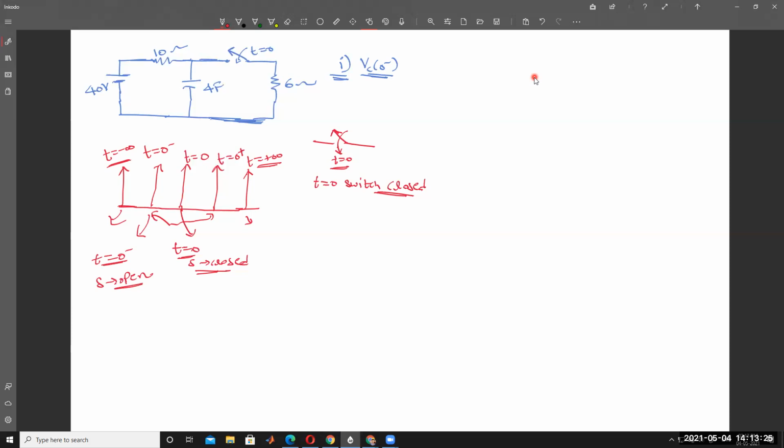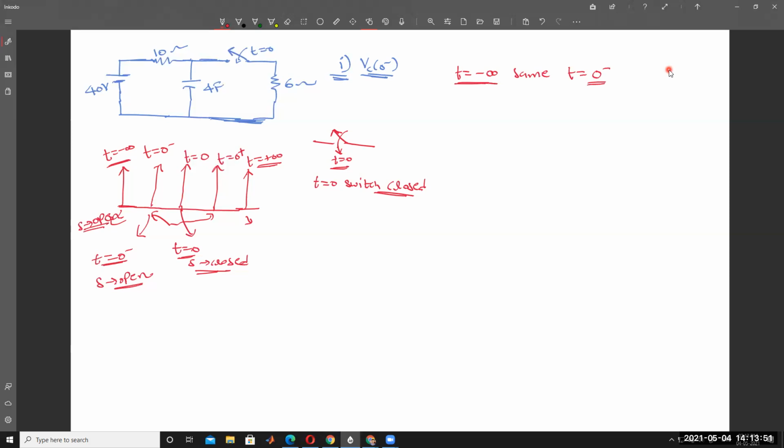At t equals minus infinity it is open, under open circuit condition, the same as at t equals 0 minus.